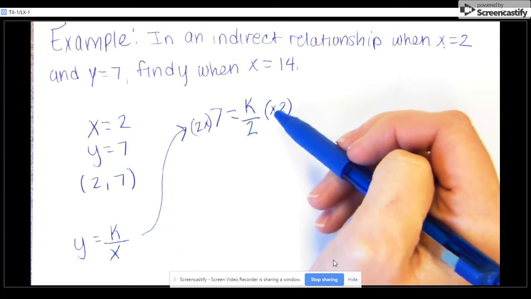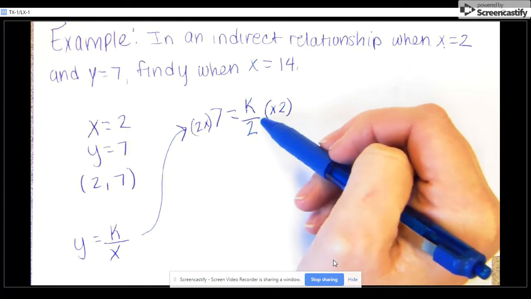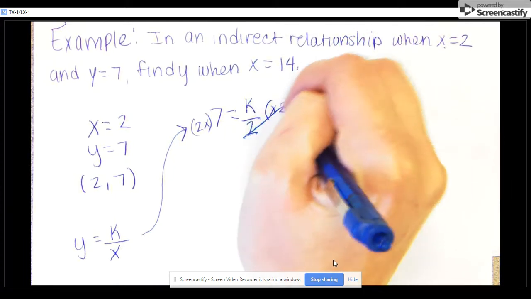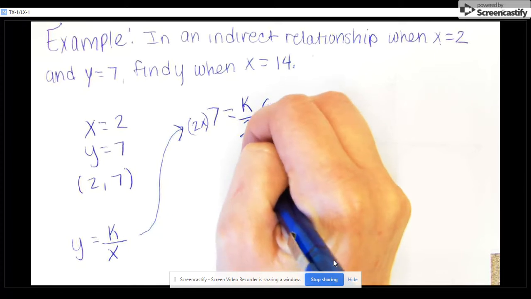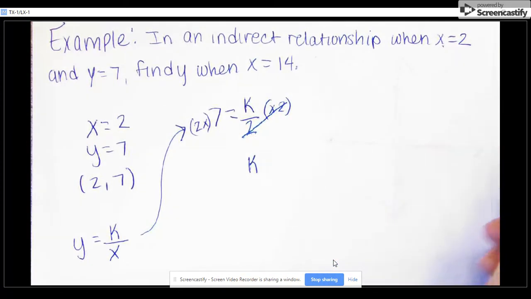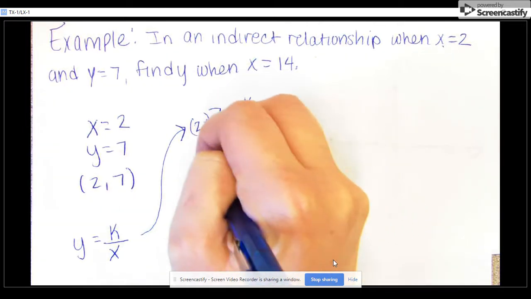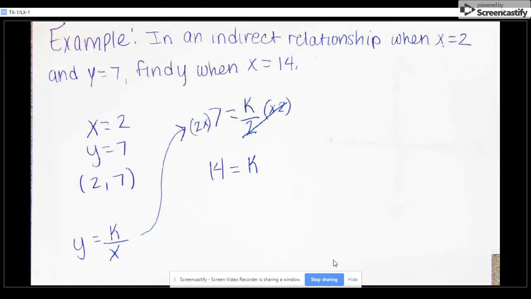Now I have 2 divided by 2, which cancel right out, leaving the k all by itself. And over here, I have 2 times 7, which I know is 14.